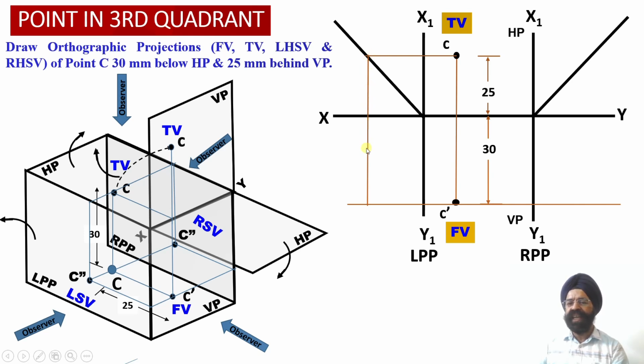And what does this indicate? Now we have identified that the distance between this vertical plane and this projector line is equal to 25 millimeter.